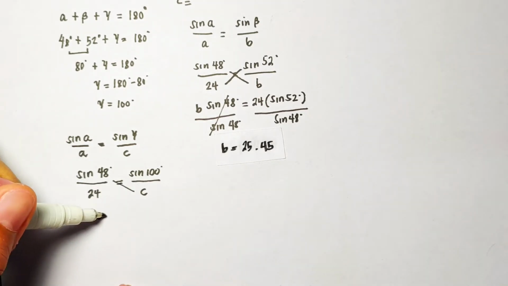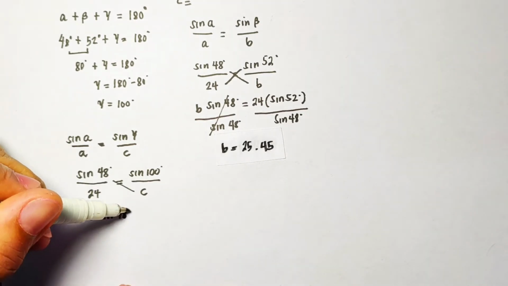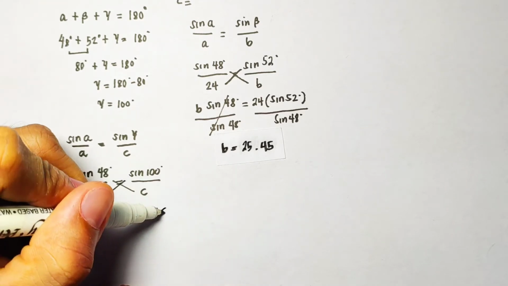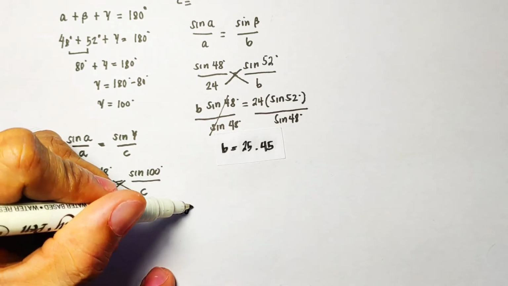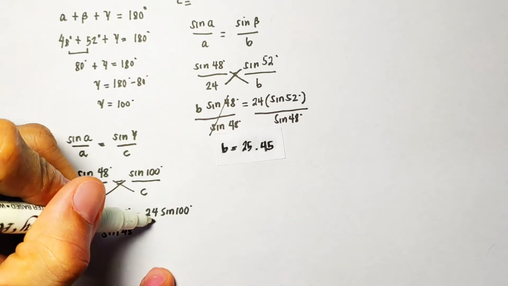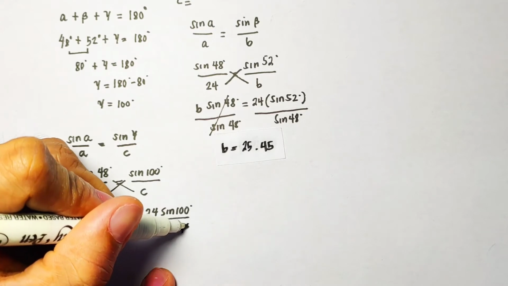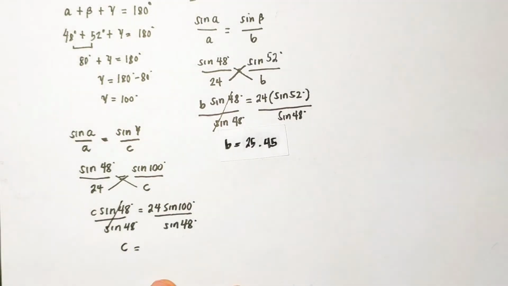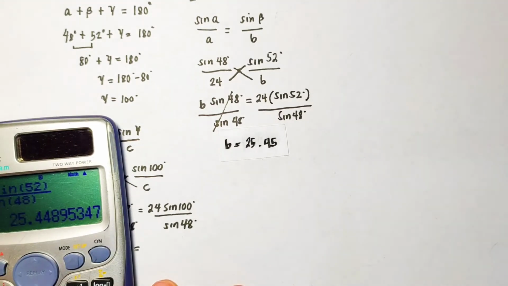We will have C sine of 48 degrees equals 24 times sine of 100. Then divide both sides by sine 48. So we can get the value of side C. Let's use our calculator first.